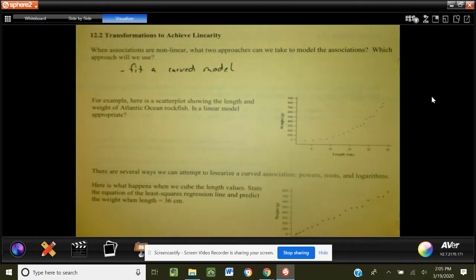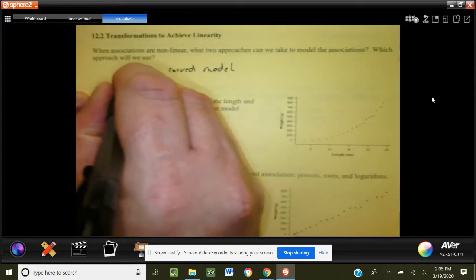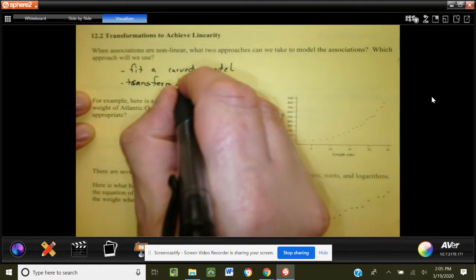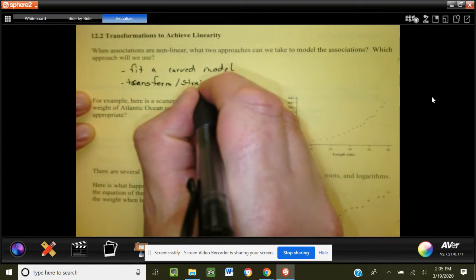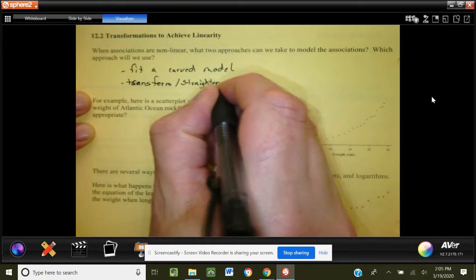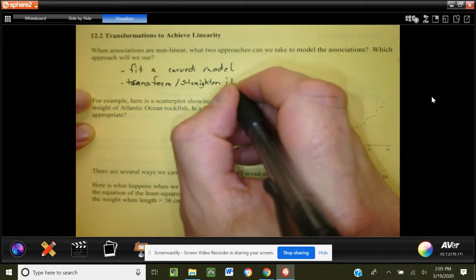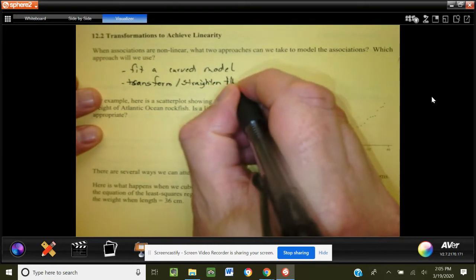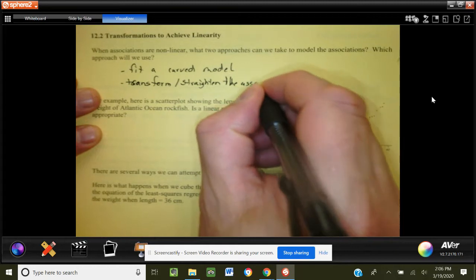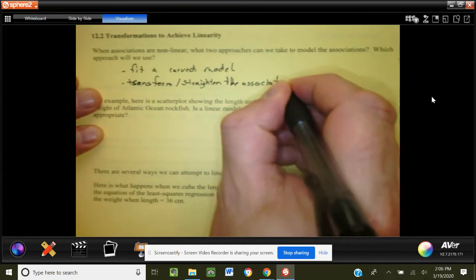All right. But the other thing we can do is we can transform, or straighten, the association. We can make it linear. Now, I guess the question is, how do we do that? Why would we do that?